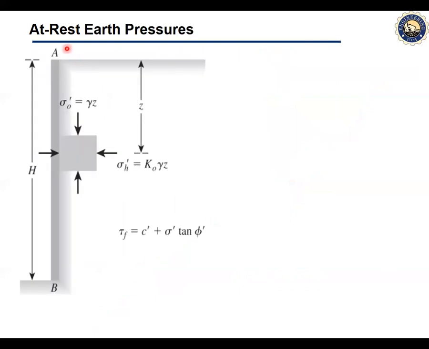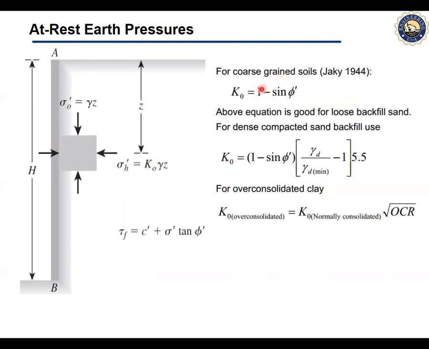At rest earth pressure, the figure, just what we explained, you see the relationship between the vertical stress and the horizontal stress was K naught, sigma H over sigma naught. So if I have to calculate sigma H prime, it will be K naught gamma Z. Generally, for coarse grained soil, the relationship is K naught equals 1 minus sine phi prime, where this is the effective friction angle.